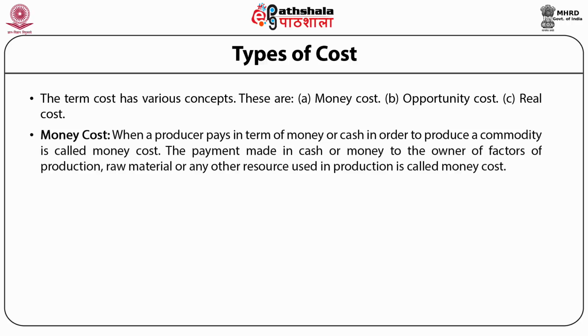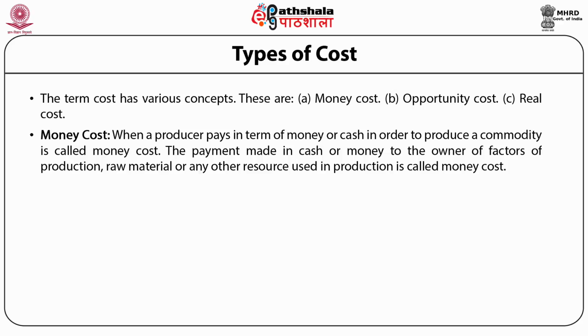Money cost. When a producer pays in terms of money or cash in order to produce a commodity, it is called money cost. The payment made in cash or money to the owner of a factor of production, raw material, or any other resource used in production is called money cost.